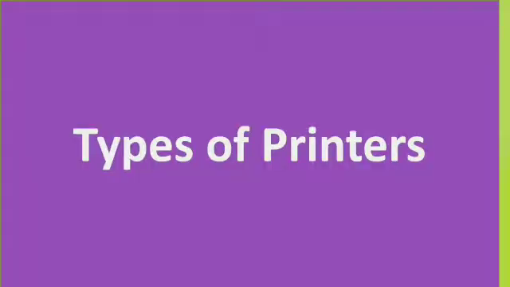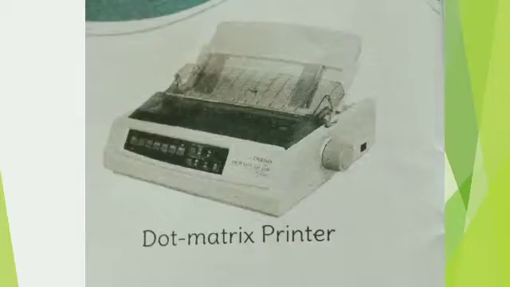Types of printers. Impact dot matrix printers. A set of closely spaced pins and a ribbon which is printing the letters or other characters on a particular page.